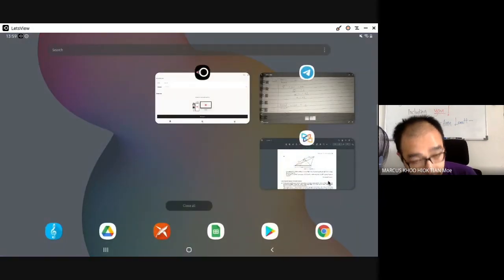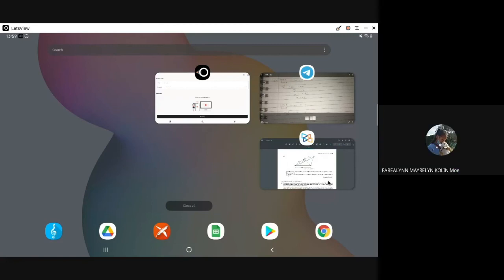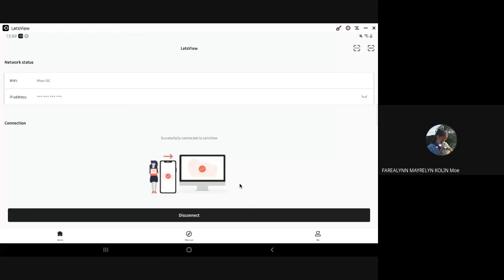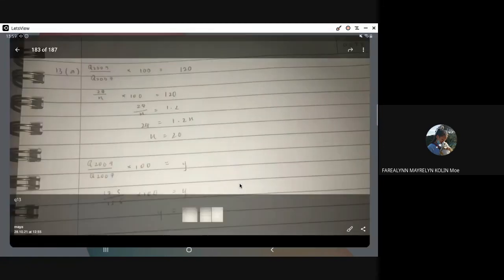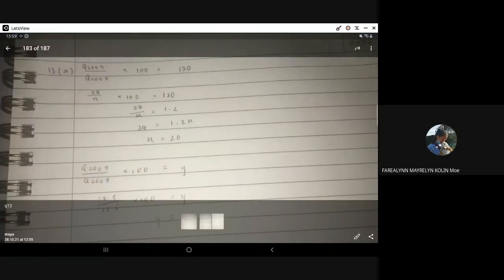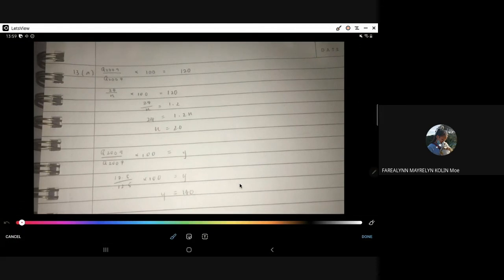13. First, the question asks to find X and Y. 2009 over 2007 times 100 equals 120. So from the question, we know 2009 is 24 over X times 100 equals 120.